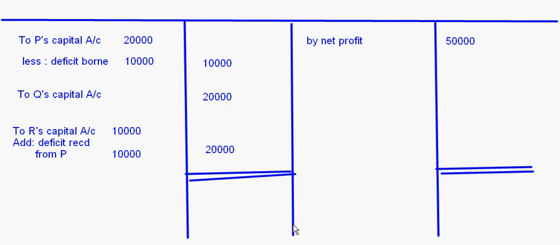So depending upon what type of question is given to you, you have to basically keep in mind the agreed ratio, the old profit sharing ratio, and the ratio in which the deficit is to be borne by the existing partners, so that the guaranteed amount is given to the new partner, right?